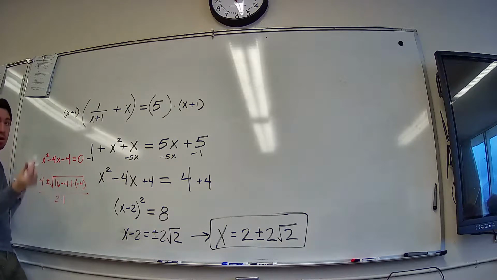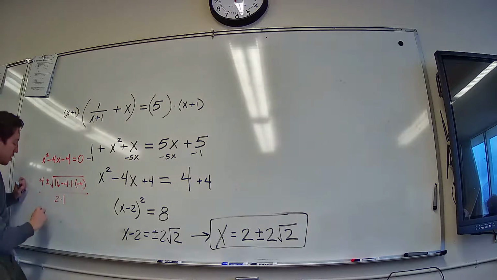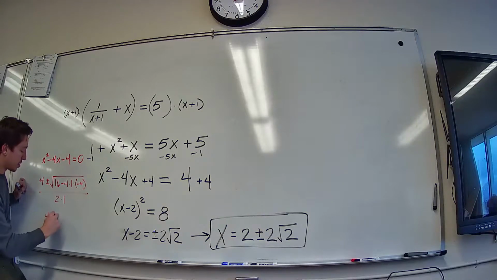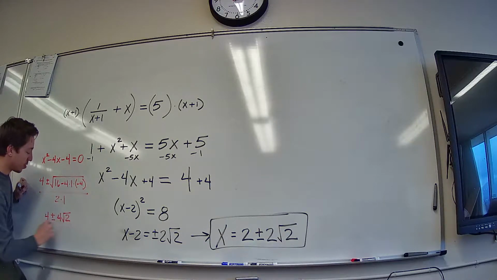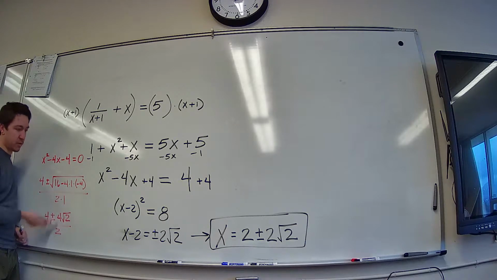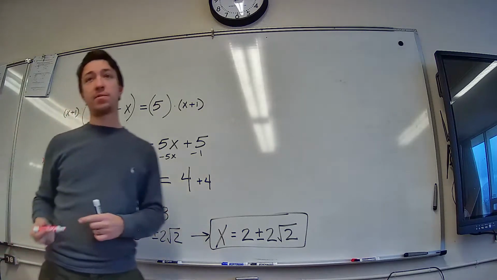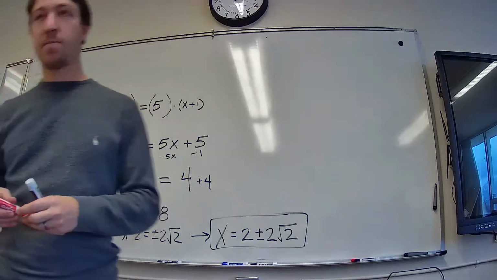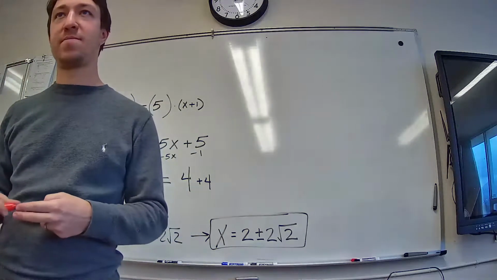So the square root of 32 is 4 root 2. So 4 plus or minus 4 root 2 over 2. And then do we all see how that's the same as that? Divide them both by 2. 4 divided by 2 is 2. 4 root 2 divided by 2 is 2 root 2. I said 2 a lot of times there.